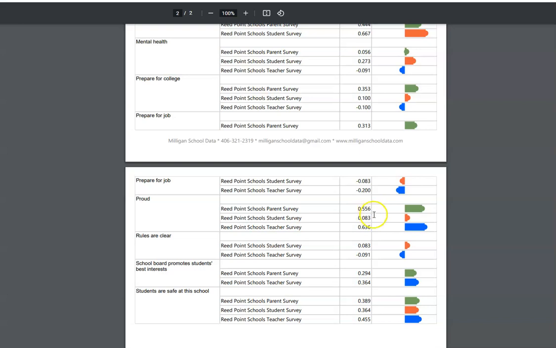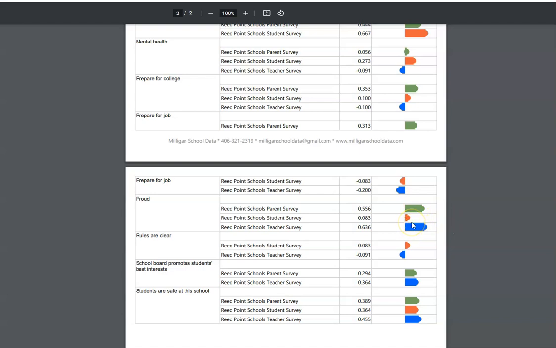But really what this report allows you to do is it's just a way to start conversations around the responses to your survey. So for this one, you're going to have a very different conversation. Why is it that students are less proud to attend the school than parents and teachers are of the school?